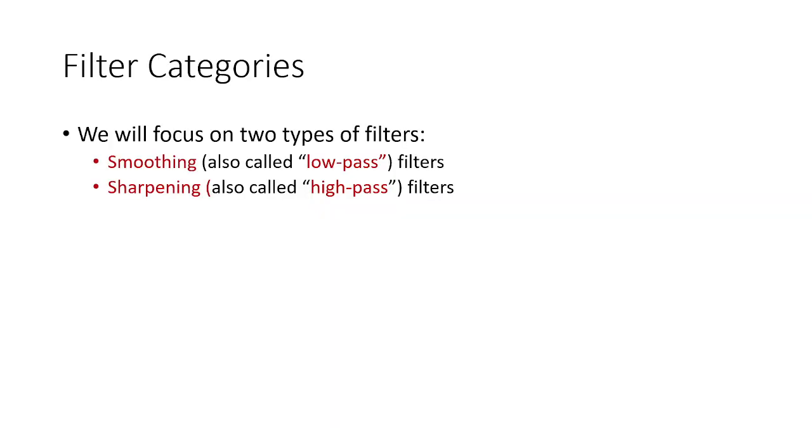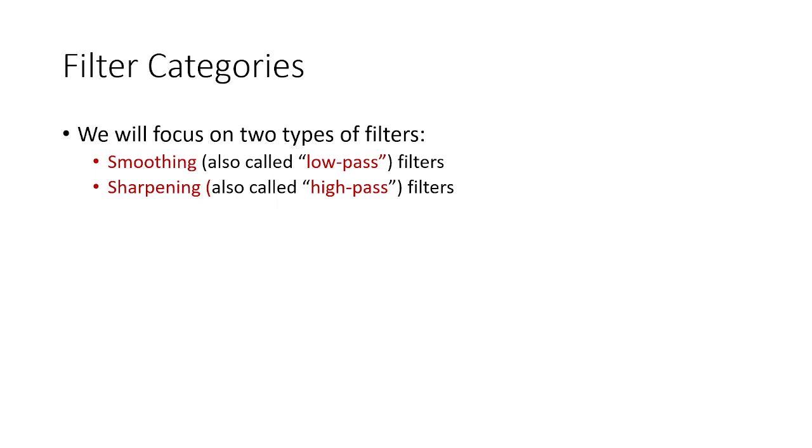Okay, so now filtering has two categories. One is low pass filtering, also called smoothing of the image. For smoothing, it's called a low pass filter. Another one is sharpening of the image.